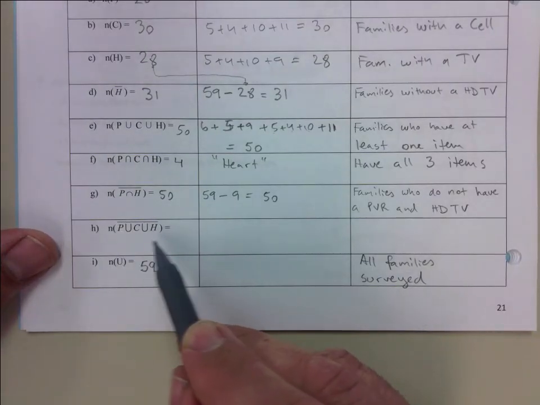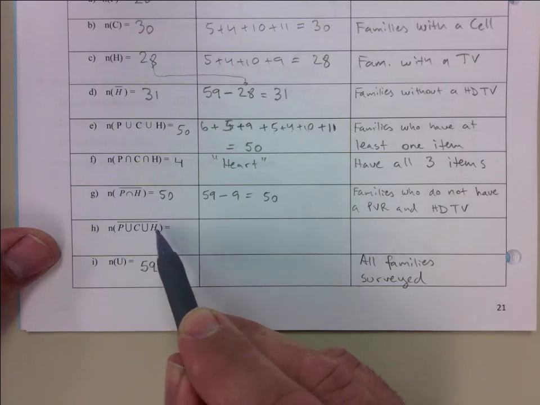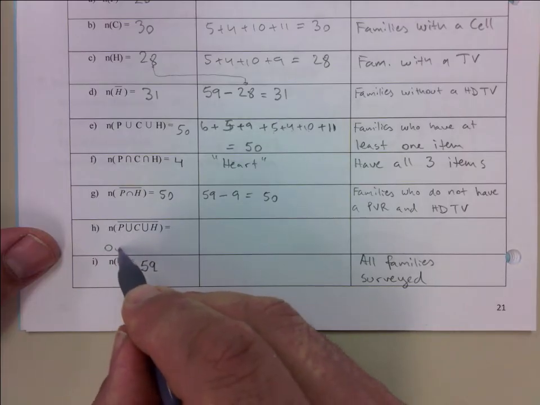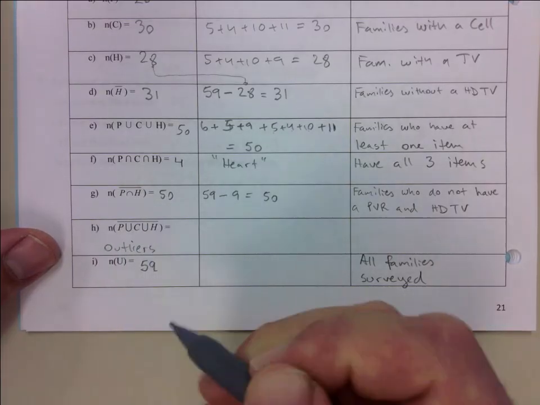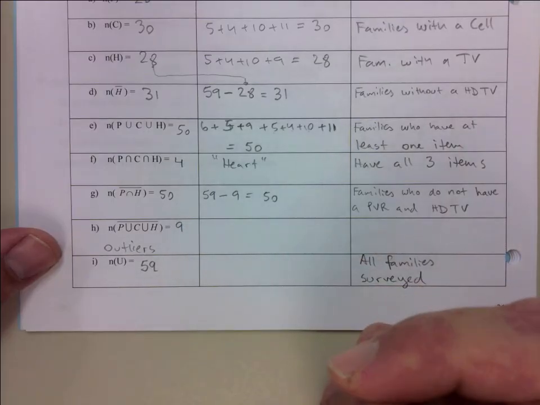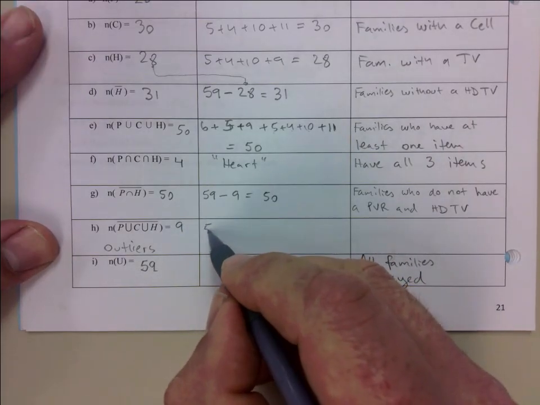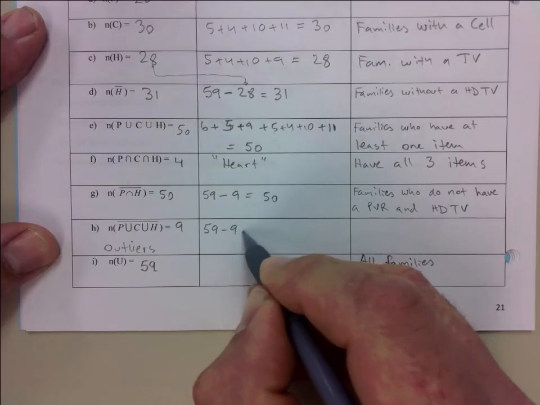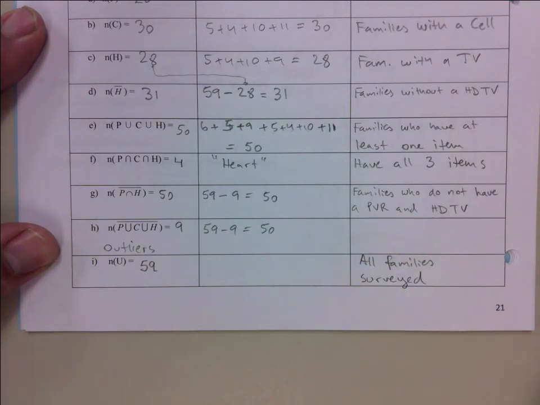What's this one called down here? An H, what do we call that? When everything is OR, everything you have is united, and you have this is outliers. We have 9 of them. Okay, so you go 59 minus 9, that is also 50.